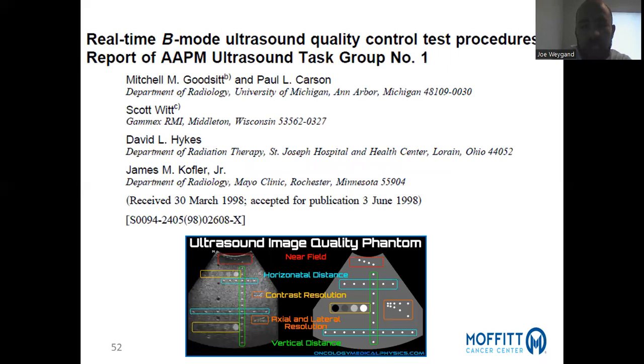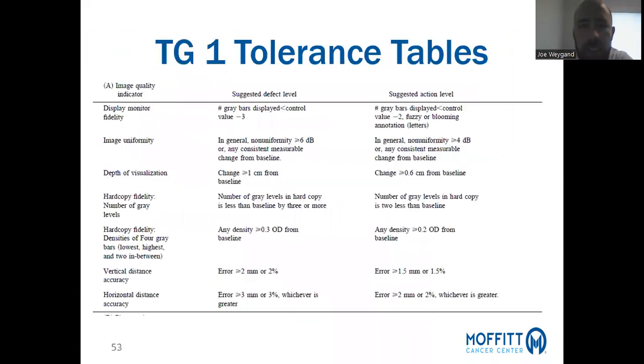The document that dictates how we, at least in America, are supposed to perform quality assurance on ultrasound systems is AAPM Task Group number 1, report 65. Basically, there are a number of tests, and then the action limits are shown, where if the test is worse than the action limit, then you need to fix the imaging system.